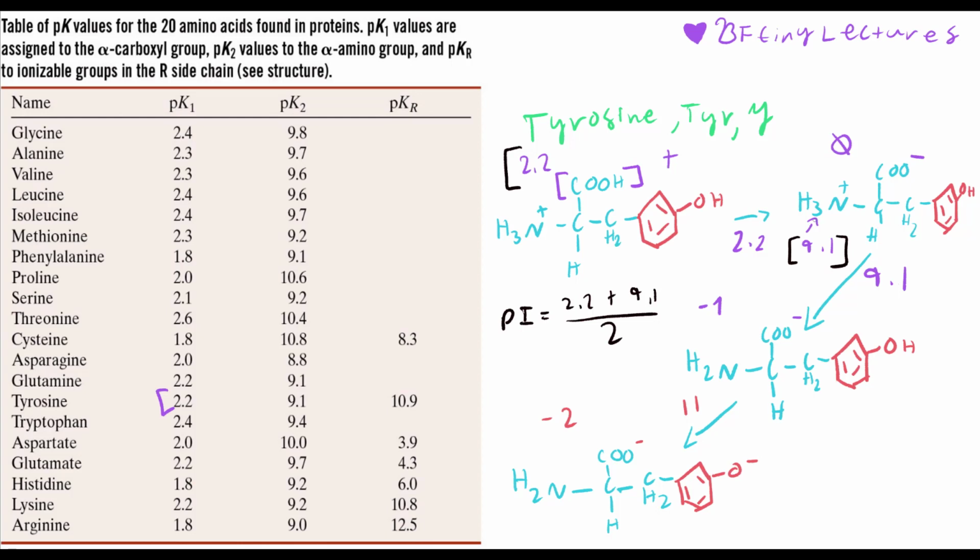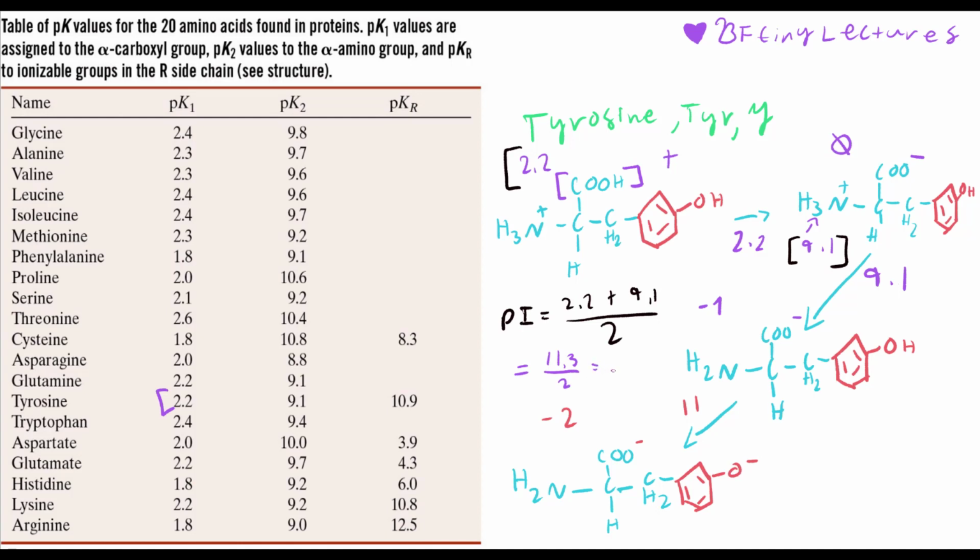Somewhere in that pH range, you're going to get an electrically neutral amino acid. And what do we get whenever we have that? Let's see, 2.2 plus 9.1 divided by 2. So 2.2 plus 9.1 is 11.3. And then we're going to divide that by 2.